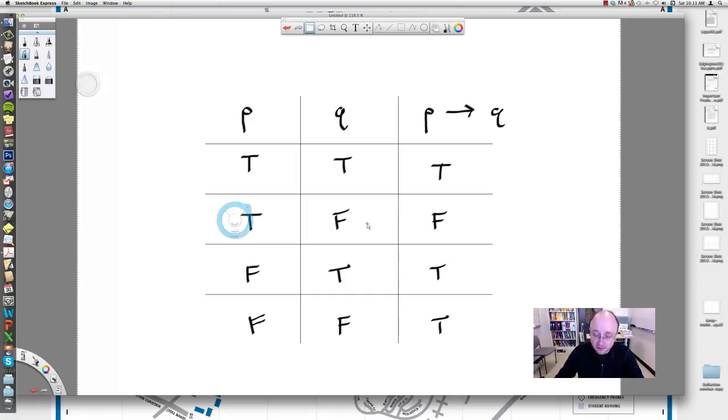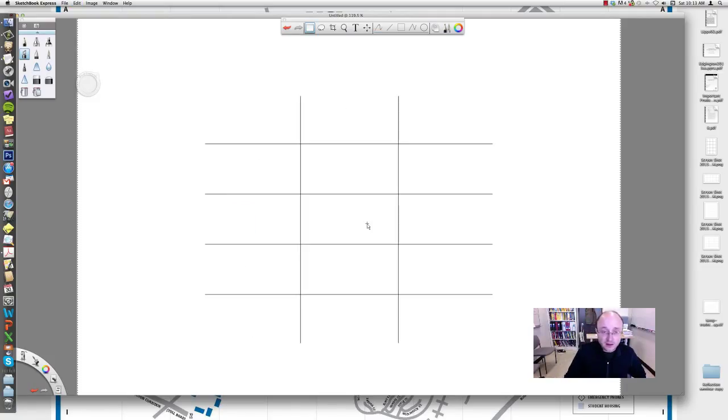Let's write out that table in terms of zeros and ones. All right, so it goes like this: P, Q, P arrow Q, that is, P implies Q, or if P, then Q. Okay, so we enumerate the possibilities now in terms of zeros and ones, where again the idea is 1 is true and 0 is false. So true, true, true, false, false, true, false, false.